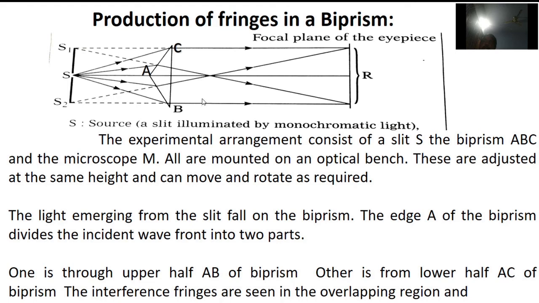These rays appear to be coming from the sources S1 and S2. So S1 and S2 act as coherent sources originating from the single source S. The light rays from S1 and S2 superpose over each other and produce an interference pattern on the screen.